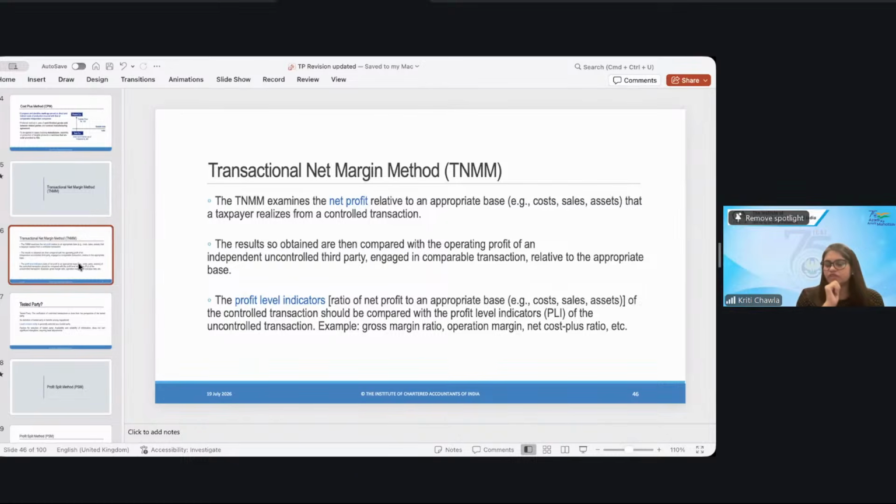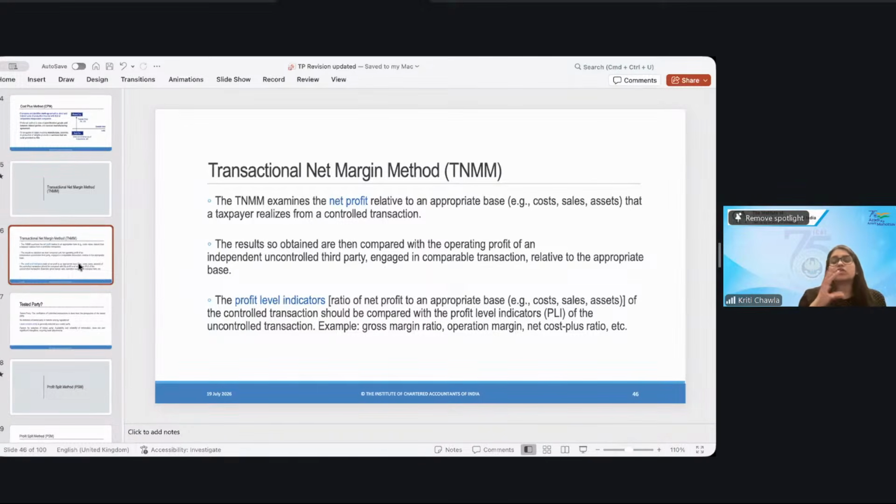Now this kind of indicator that you have, this kind of ratio that you have is basically called as the profit level indicator. Now this PLI or profit level indicator, it is the ratio of net profit to an appropriate base.